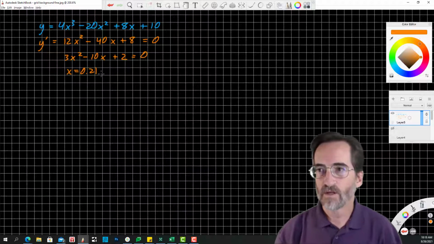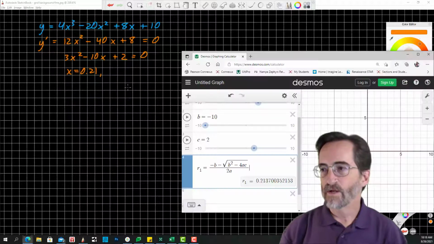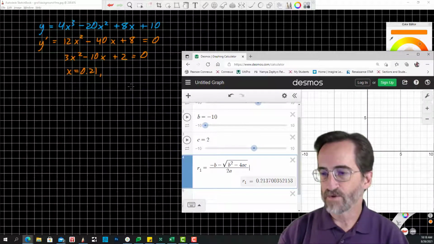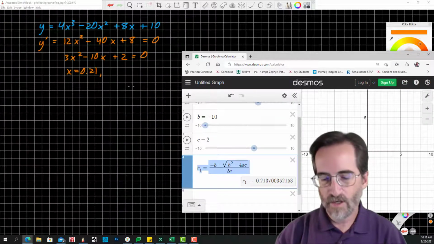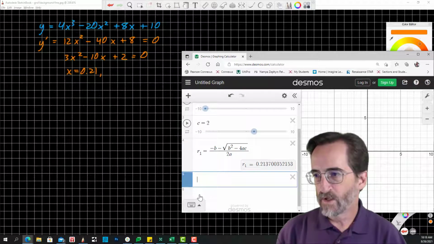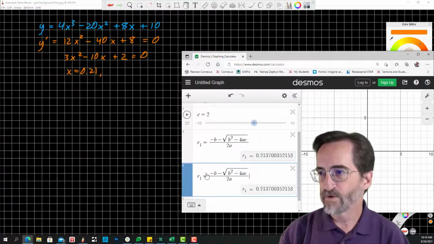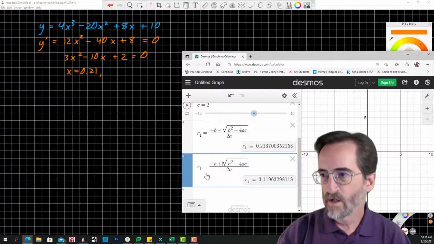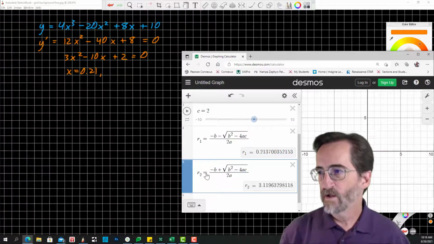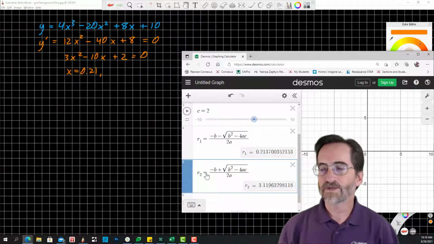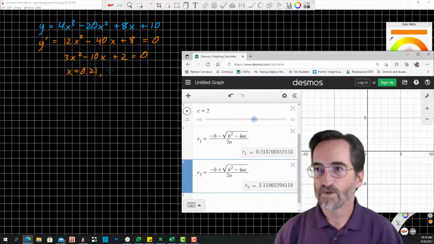slope. Then I'm going to do the same: copy and paste, and change the minus to a plus, and change this to R2. 3.12 is the other root.